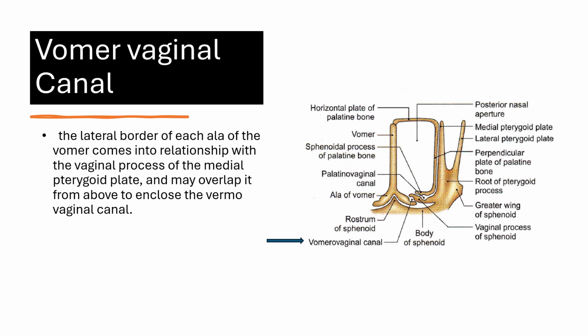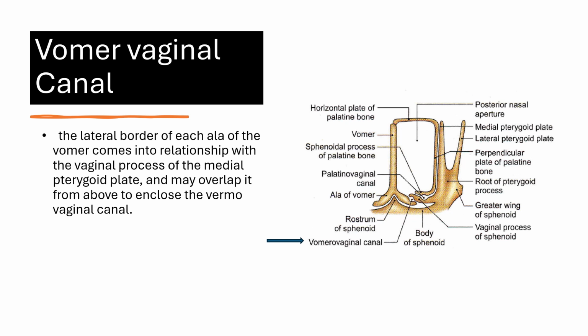To understand what the vomer-vaginal canal is, we should know that the lateral border of each ala of the vomer comes in relationship with the medial pterygoid plate, and they overlap each other to enclose or form the vomer-vaginal canal.